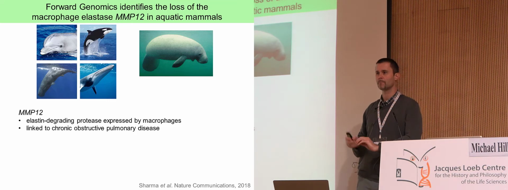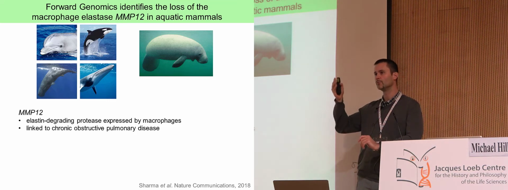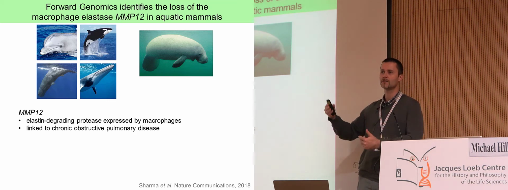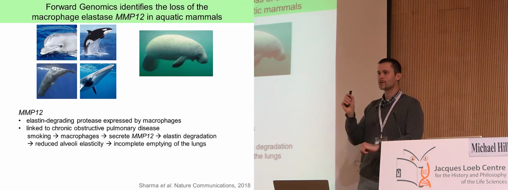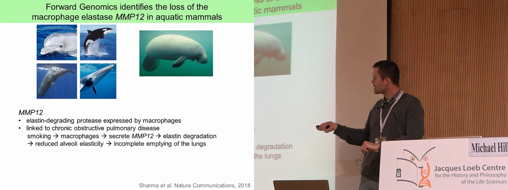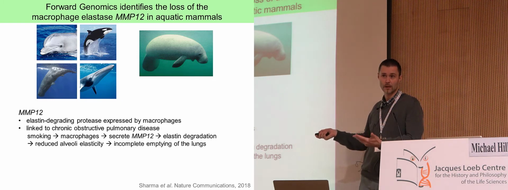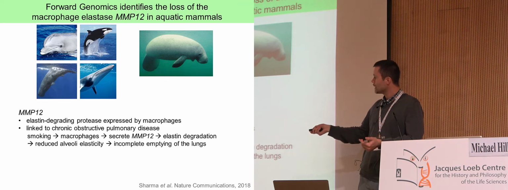And this is where we got a clue of what this could mean, or why this gene could have been lost in aquatic mammals. So here's a logical chain of arguments. This disease is related to smoking. This is the large risk factor for it. Smoking recruits or activates macrophages in the lung. Those macrophages secrete MMP12.